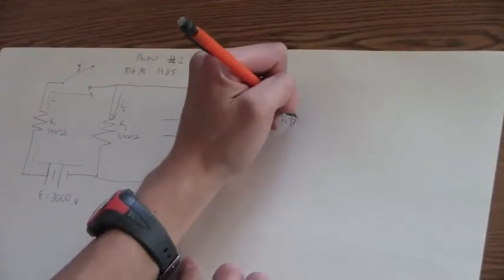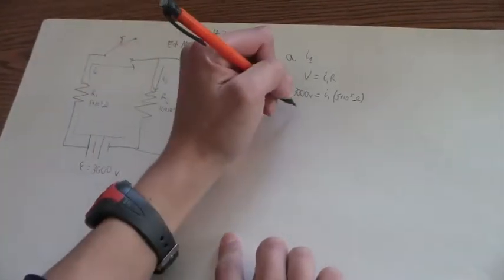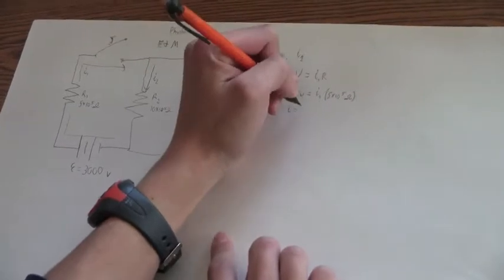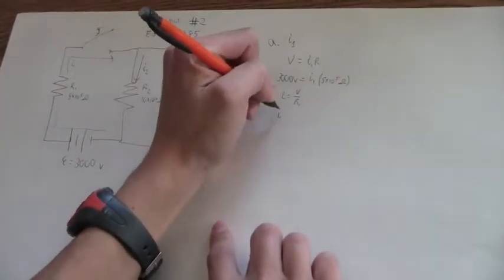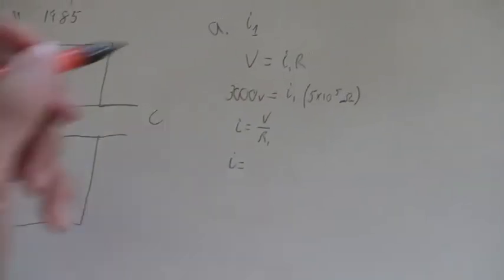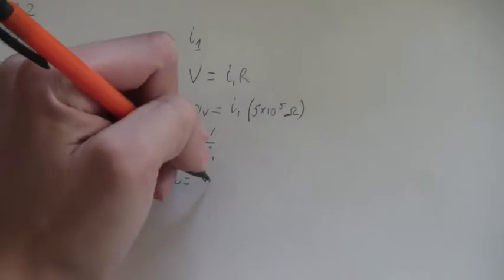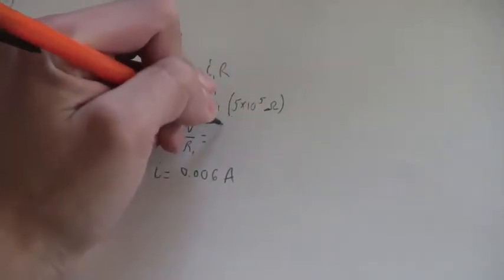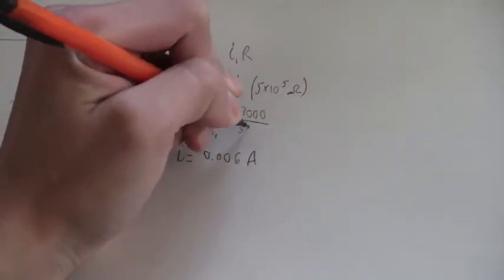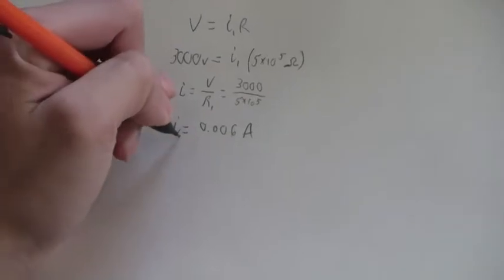So that's going to be 5 times 10 to the 5th ohms. And I1 is therefore going to equal your voltage over your resistance of 1. And I1, with your calculator, is going to equal 0.006 amps. 3,000 over 5 times 10 to the 5th. And that is how you find I1.